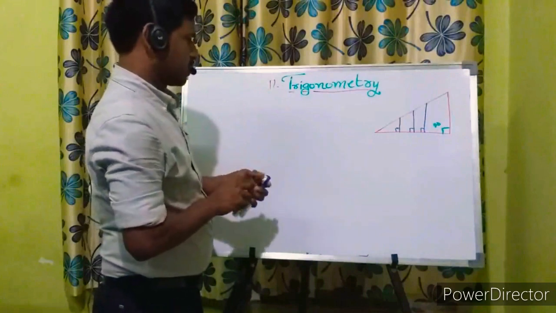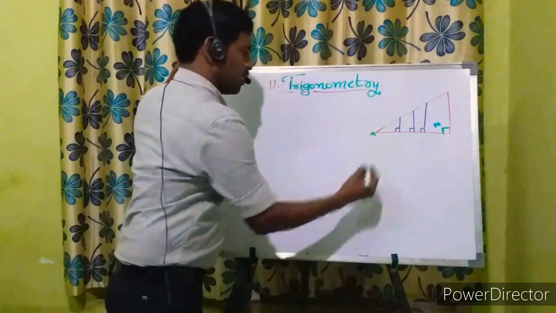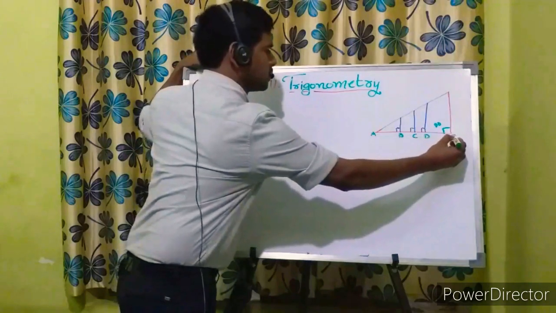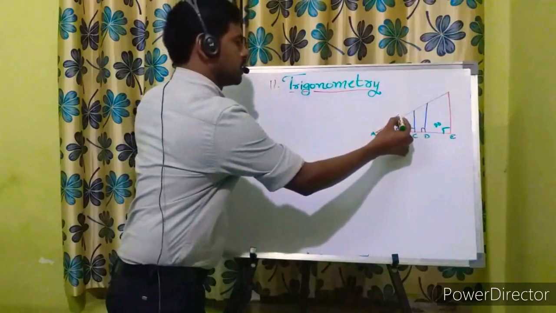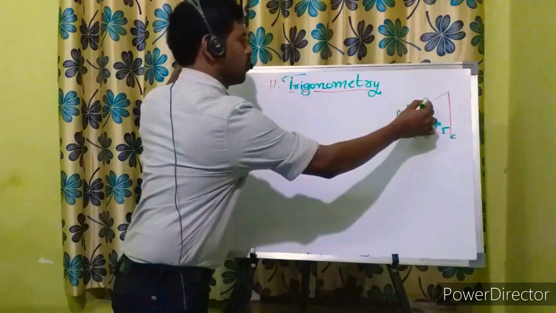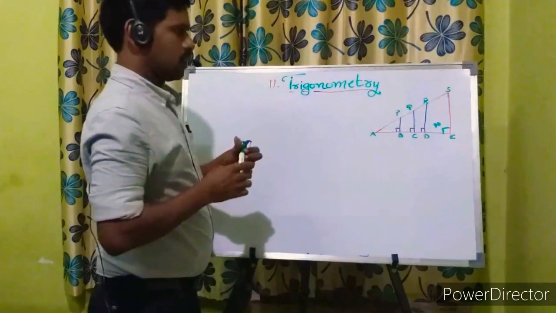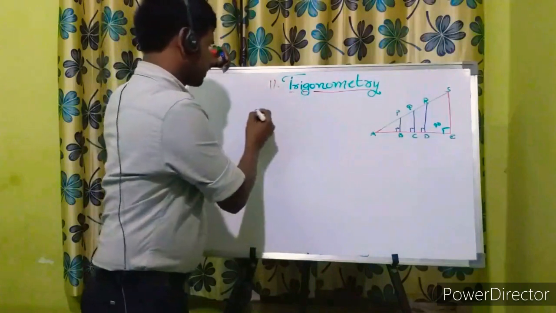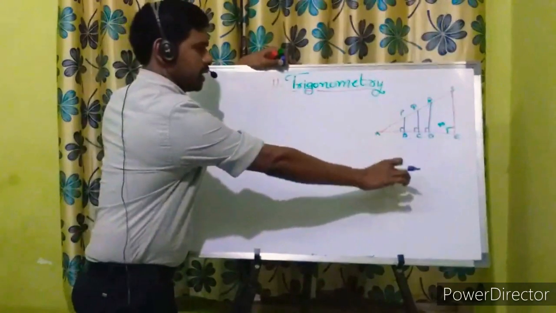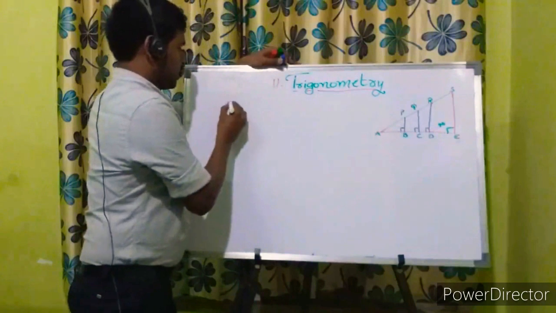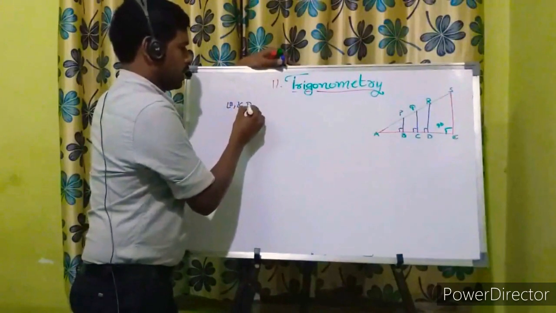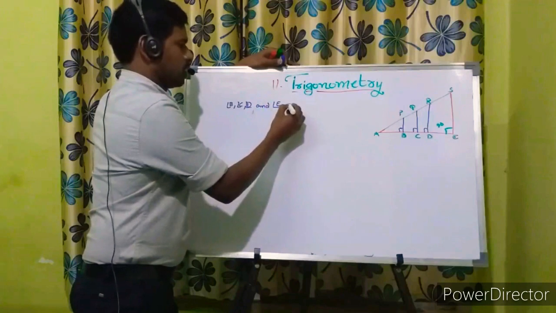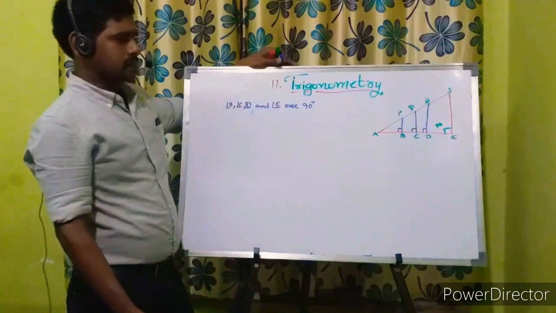When we name them, this is A, this is B, this is C, this is D, this is E, and P, Q, R, S. Now if you observe that diagram, angle B, angle C, angle D and angle E are 90 degrees angles.